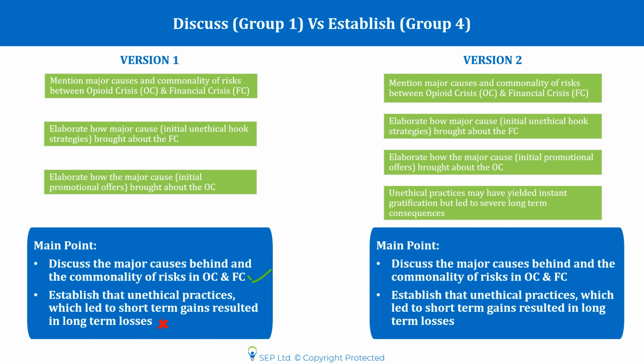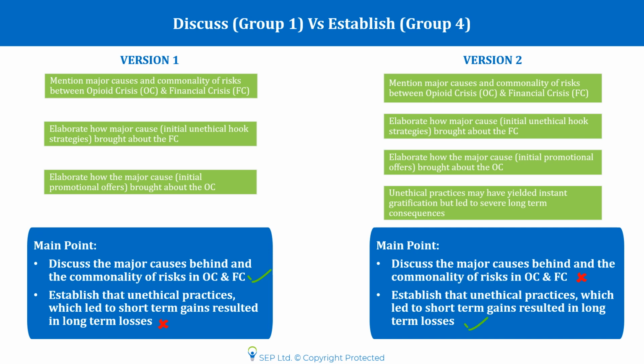On the other hand, if we look at version 2, the author is very emphatically emphasizing the fact that it was the unethical practices that yielded instant gratification but led to long-term losses. So we know that the author is not merely discussing the major causes.